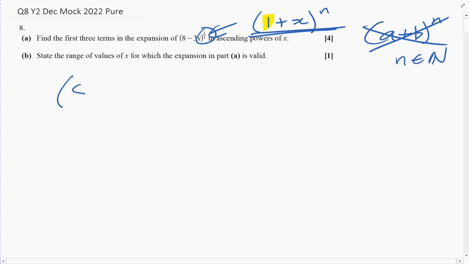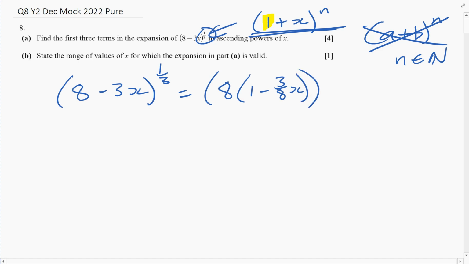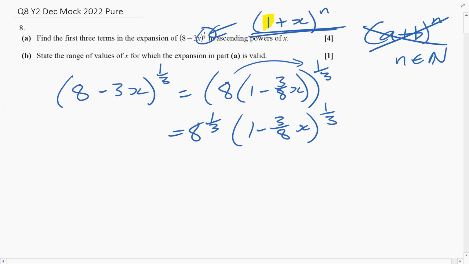So let's do that. We've got (8 minus 3x) to the power of a third. I've got to take that 8 out, so it's 1 and then 3 over 8 x, and then the power of 1/3, but we still got to do that 8 to the power of a third, so it's going to be like this, and 8 to the power of a third is 2.